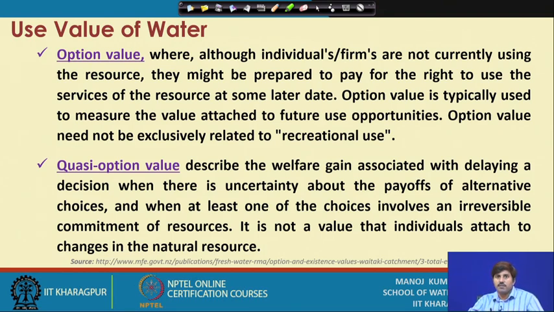Let us say I have a water resource in the form of a pond or something, and I have two different options for lending it. I have committed that yes, I will either give it for agricultural supply of water or city supply of water or whatever purpose.